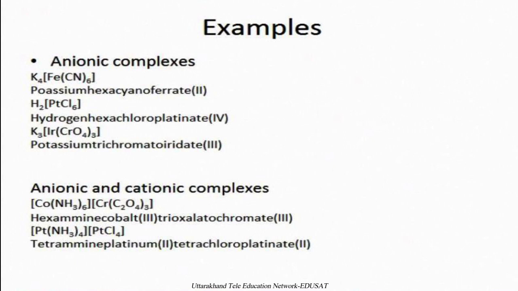Next example, tetraammine platinum, its oxidation state is 2. Then tetrachloroplatinate(II). In these types of examples where both cationic and anionic complexes are present, the second one should be named with the ate ending, whereas the first one should be written as is.